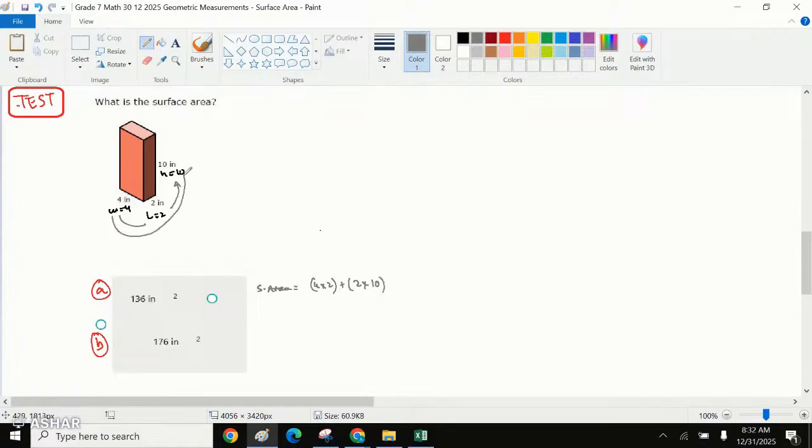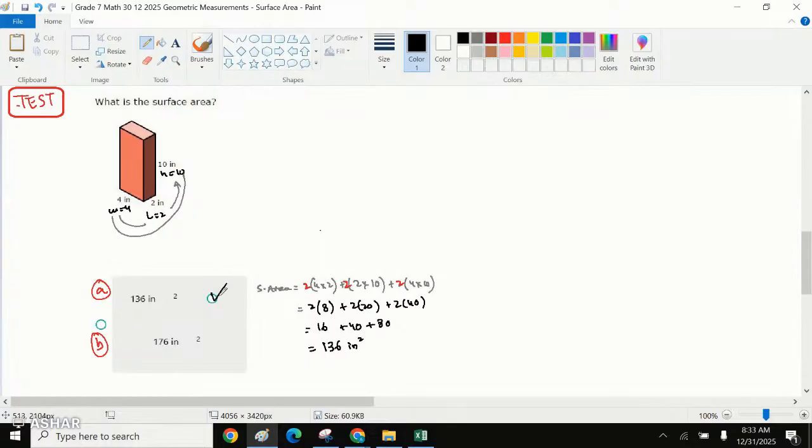Now these two together, plus 4 multiplied by 10. We have 2 everywhere. Every value is being multiplied by 2 because we have 2 sides of each dimension. The 2 goes with 8 plus 20 plus 40, 8 plus 20 plus 40 is 68, times 2 is 136 inches squared.